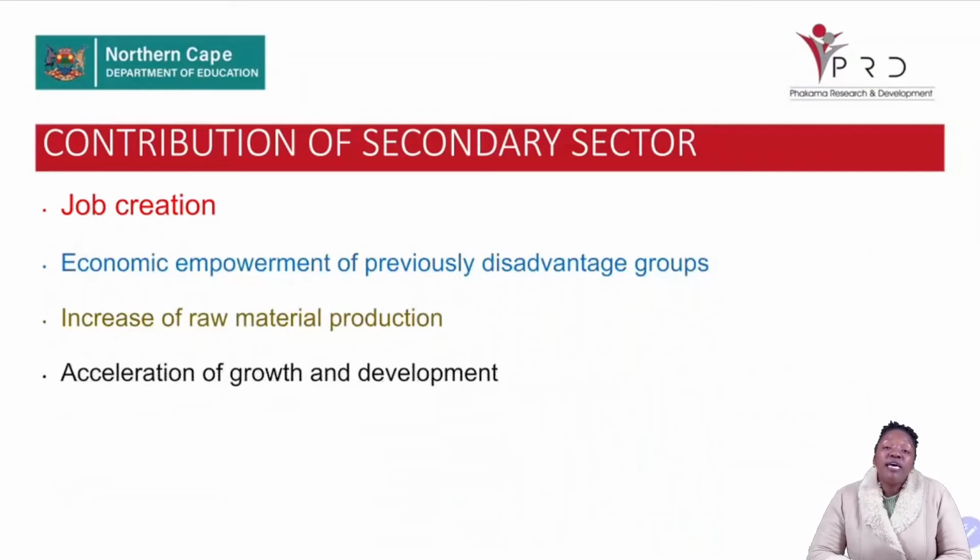And also in terms of the development, we are looking at our infrastructure that will be developed. And we are looking at the country as a whole because we will have more investors who will be able to develop our country. Then contributions to the GDP.